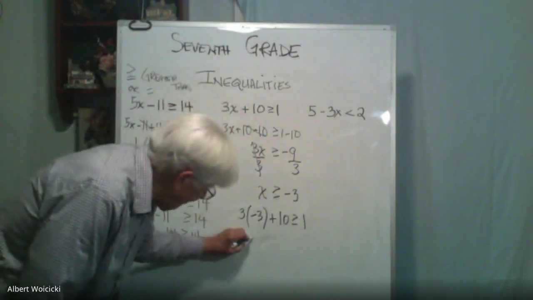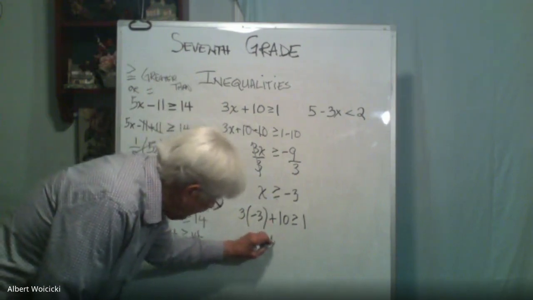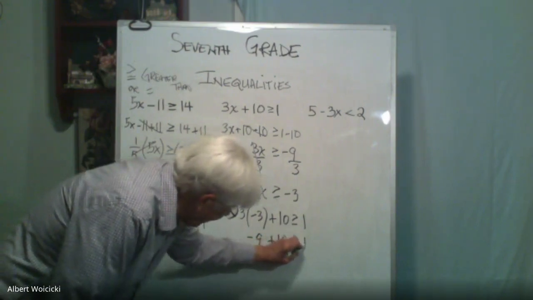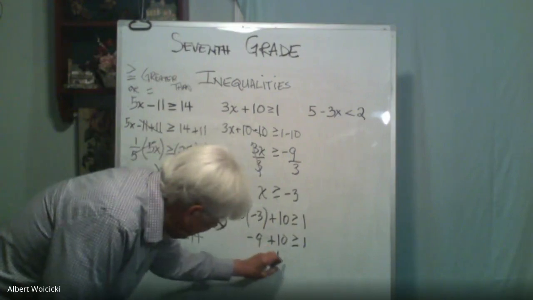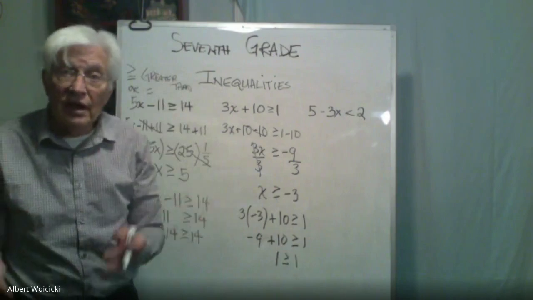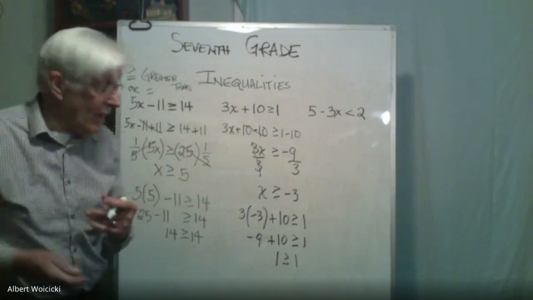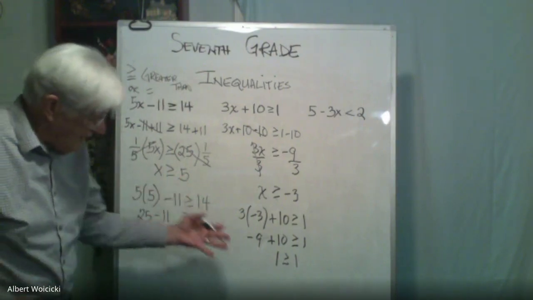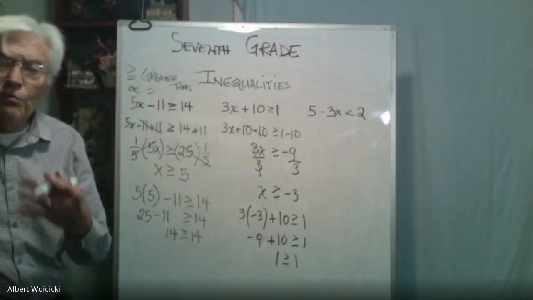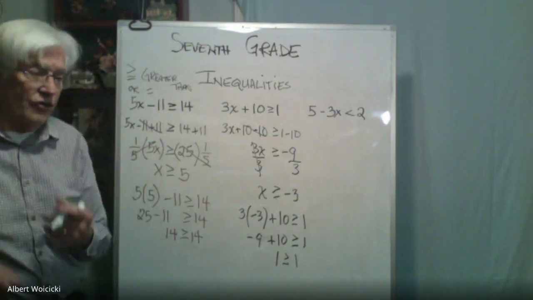So we get the opposite of 9 plus 10. Is that greater than or equal to 1? So we get 1 is greater than or equal to 1. Well, 1 is equal to 1, so it works. So you have to just be able to know that, yes, this is true because it's one of those two parts.